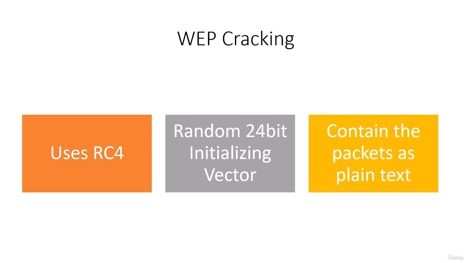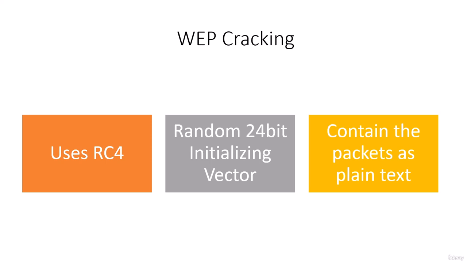Once we have two packets with the same initialization vector, we can use a statistical attack to determine the key stream, and after that determine the WEP key. So from the above we know that the more IVs we collect, the more likely we are to successfully crack the WEP key.